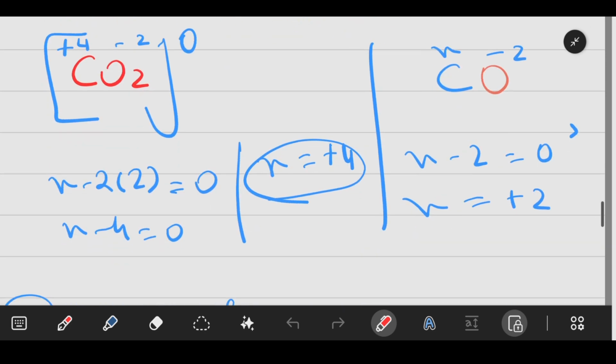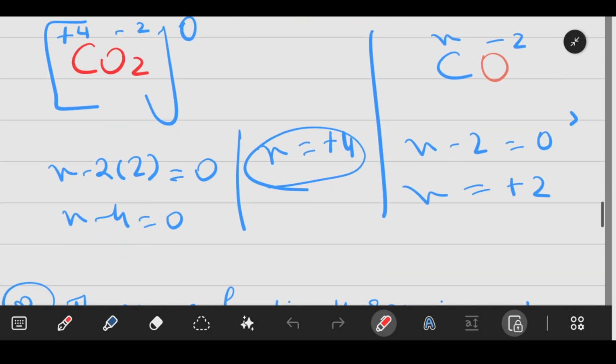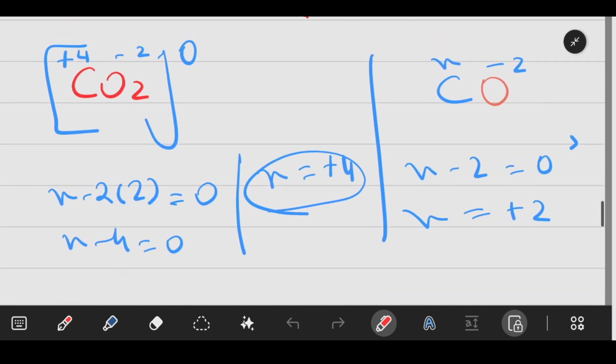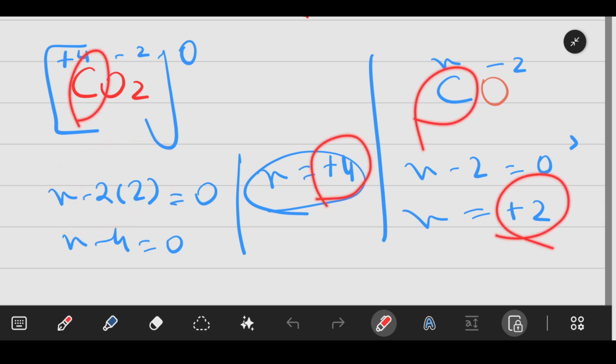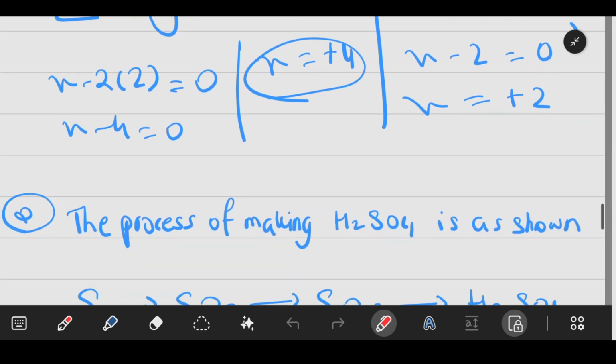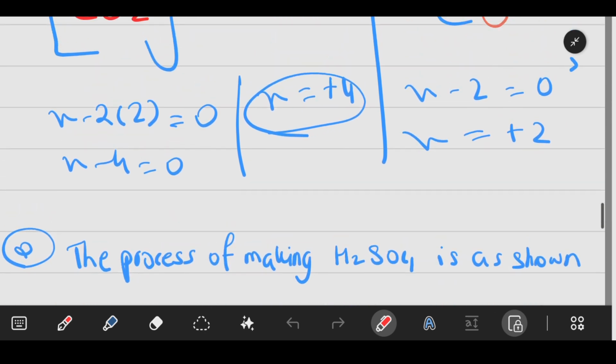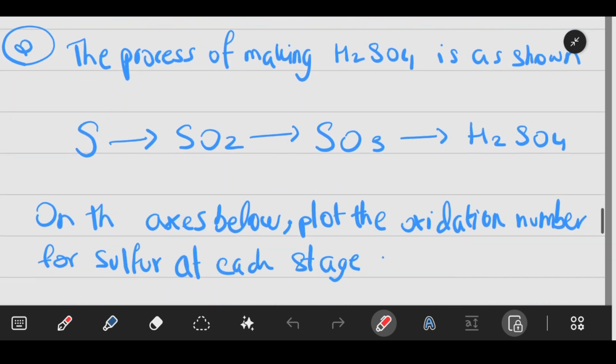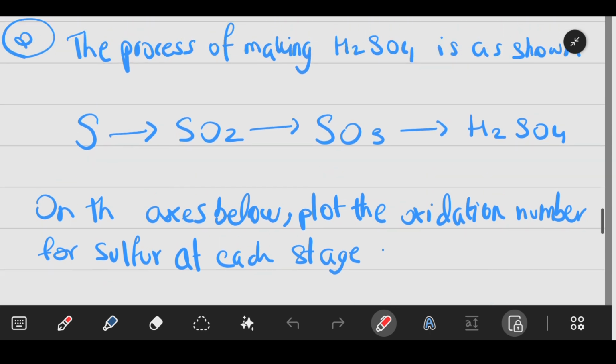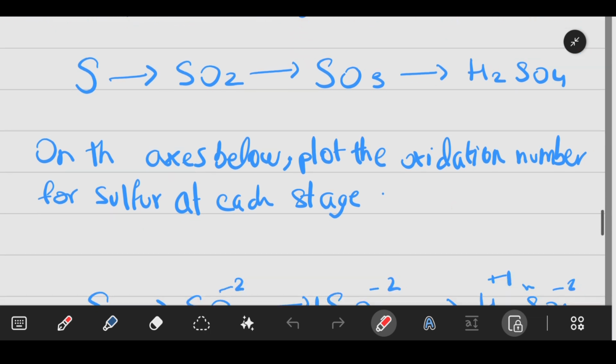Next up, we also did some examples of carbon dioxide and then carbon monoxide, in which we constructed the mathematical equation involving X to figure out the oxidation number of carbon in both. Next, we did this past paper question, which involved making a curve for sulfur's oxidation numbers in the process of making H2SO4, sulfuric acid.